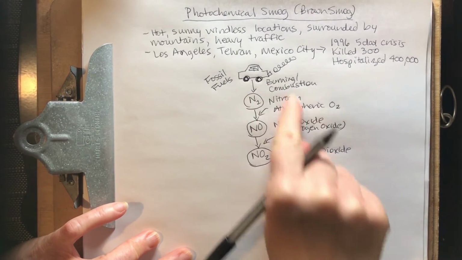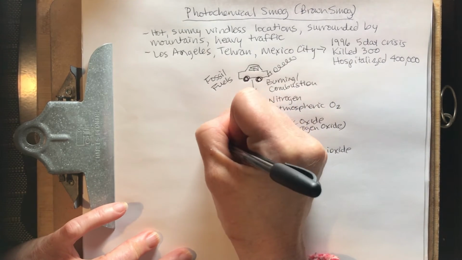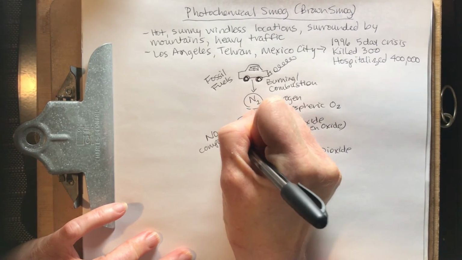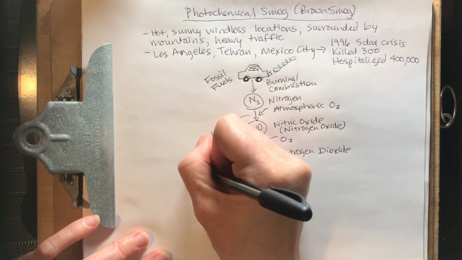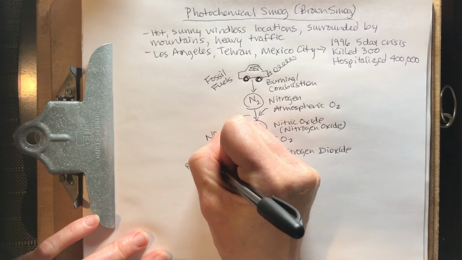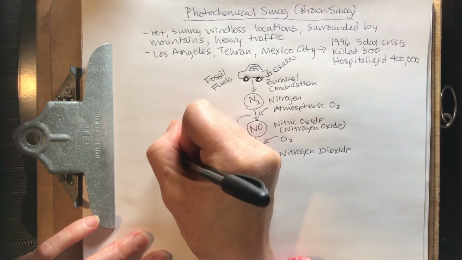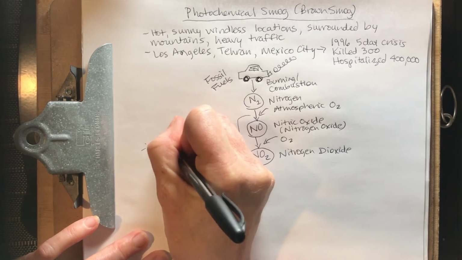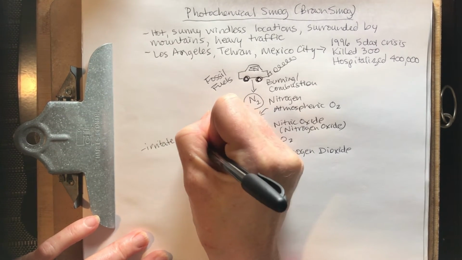So once again, this family of chemicals is what we refer to as the NOx compounds. And if you recall from our notes, the NOx compounds are red-brown gas, and they irritate eyes and respiratory system.